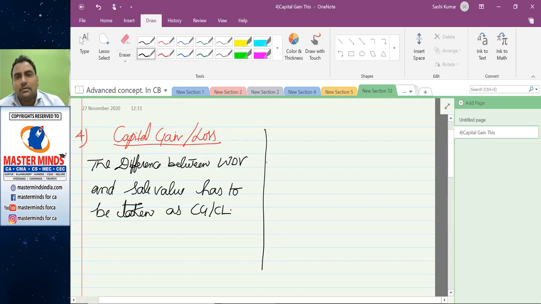Since the block was not empty and a few assets are continuing, no capital gain or capital loss has to be computed.